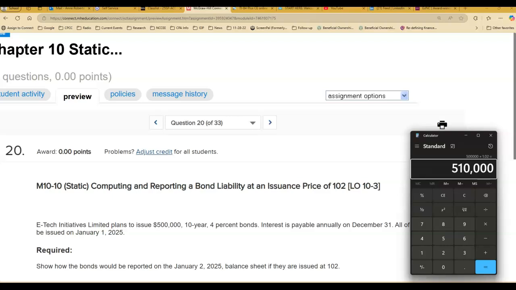How much is the bonds payable going to get? 500. That doesn't change. Which then means, what's going to force that journal entry to balance? A $10,000 credit at this point, and that's going to be called the premium.